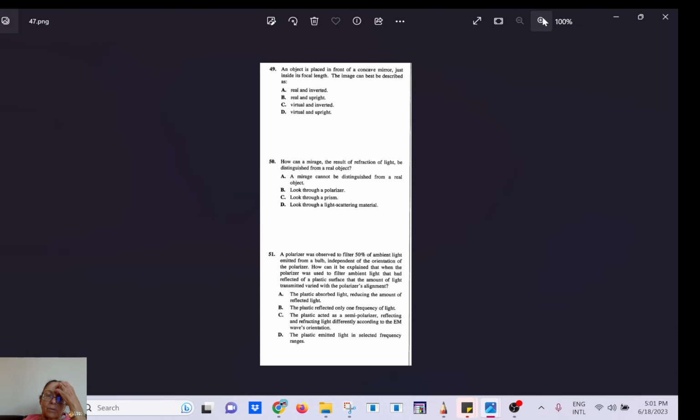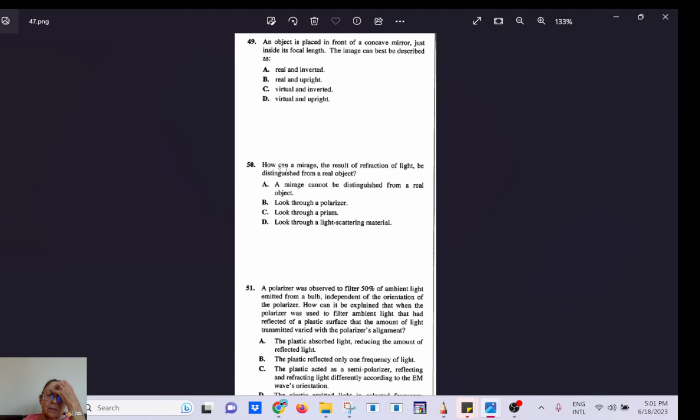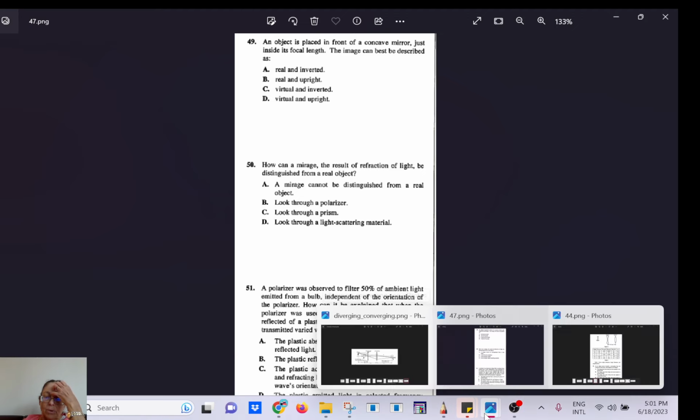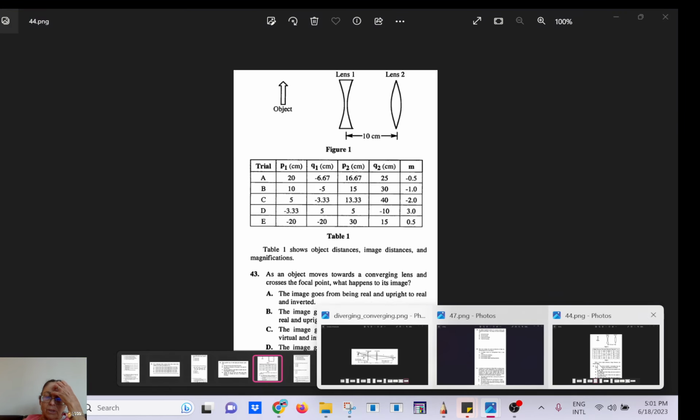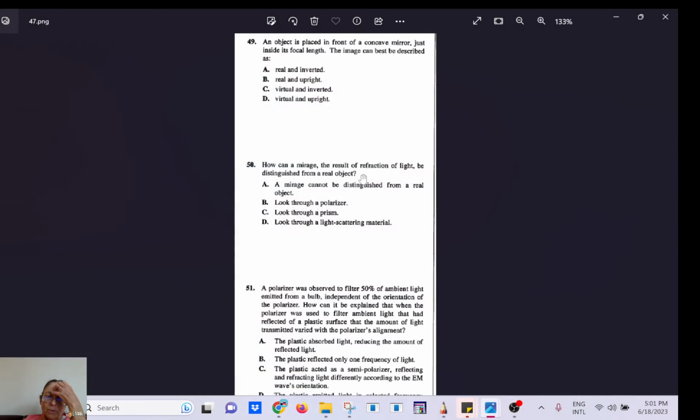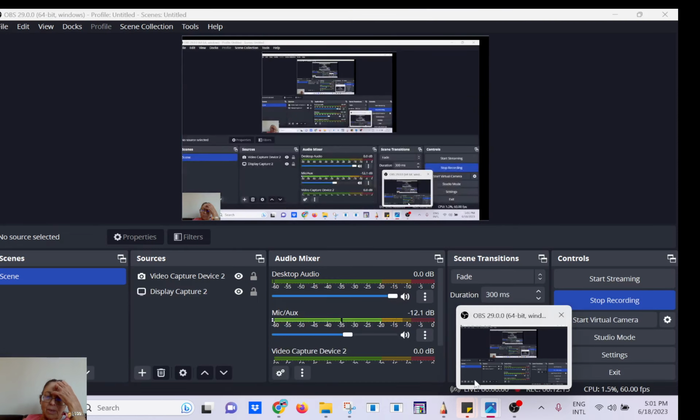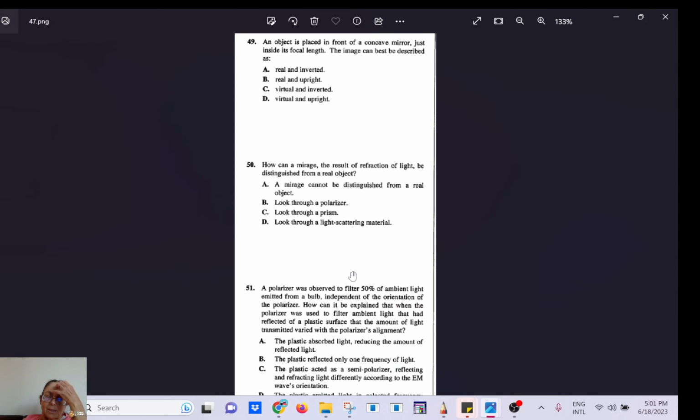Okay, let's see number 49. These questions have nothing to do with the setup. They put all those numbers just to scare you and confuse you, and you lose your time looking at those numbers, trying to make sense of them. Don't do that. You just read the text and go straight to the questions, because there was no point to have all those numbers except for confusing exam takers.